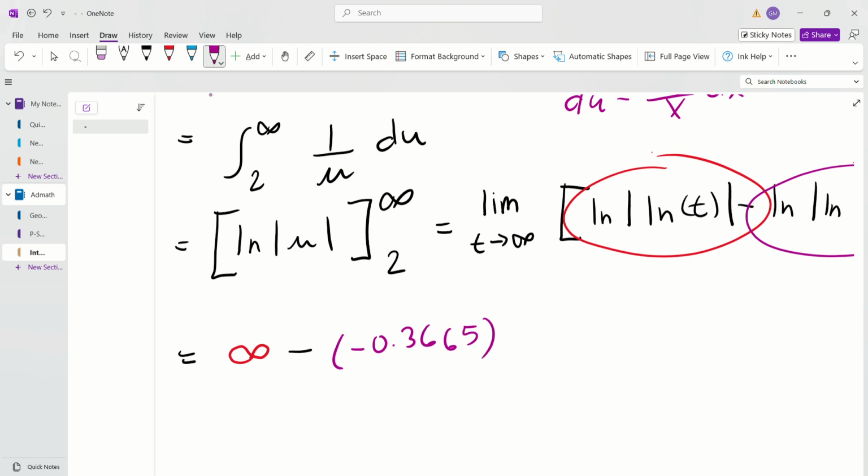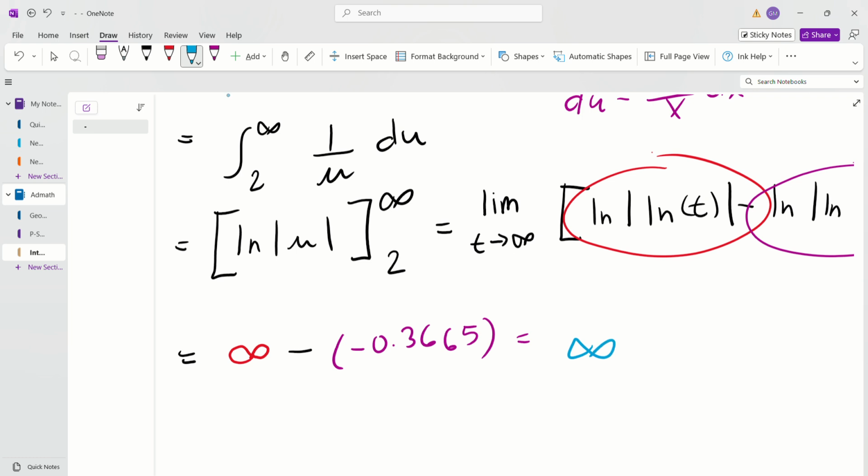As the value of t gets larger, this value of 0.3665 can be disregarded. In other words, the answer here is infinity.